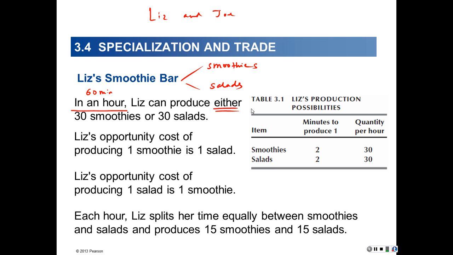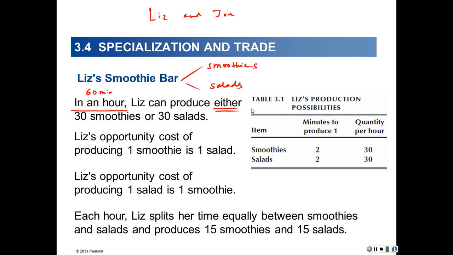You can think of it as time. You can also think of it as labor, really, because it's labor hours. So we're talking about Liz's labor hour, 60 minutes of her labor. You can measure labor in terms of time, correct? So in this 1 hour that is available to Liz, she can do either 30 smoothies or 30 salads.